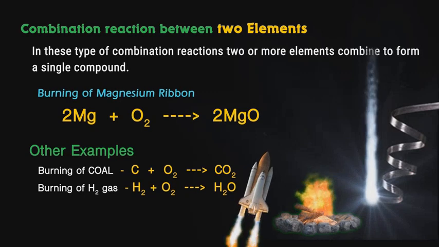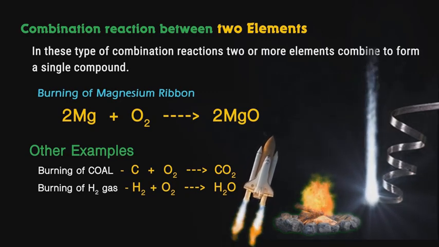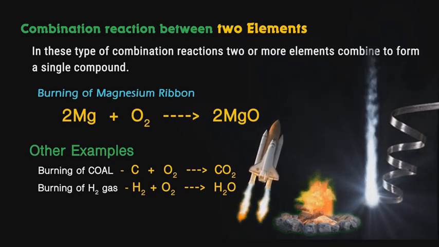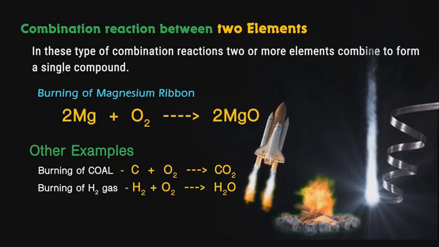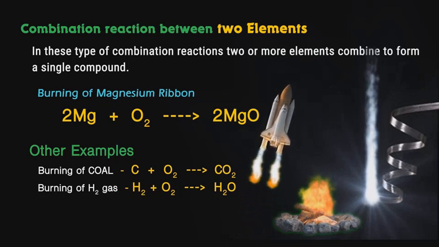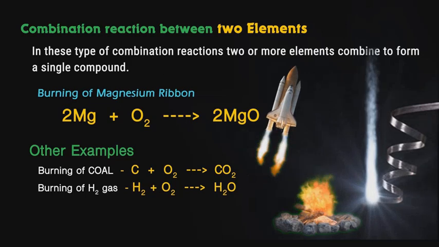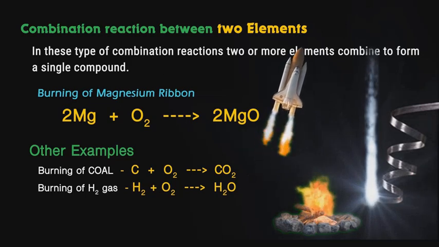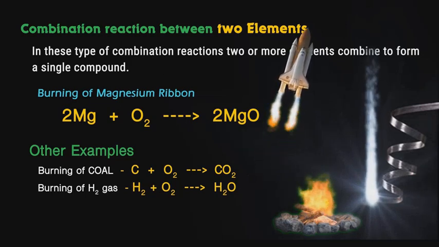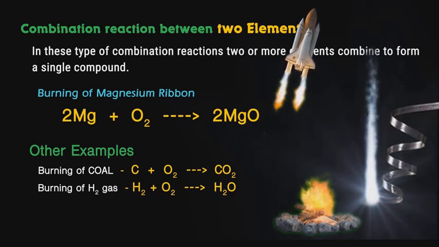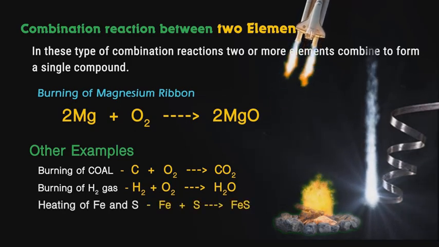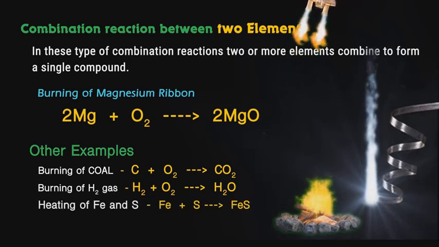Hydrogen is an environment-friendly fuel which can be used. When hydrogen burns in the presence of oxygen, that produces water vapor. One more example is the mixture of iron and sulfur. When heated, that produces iron sulfide.